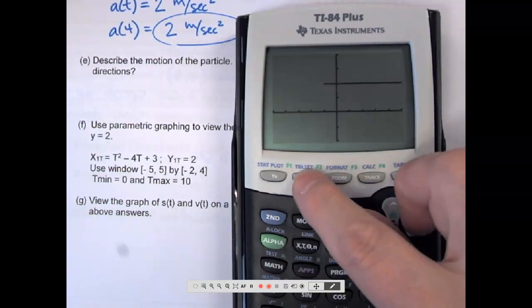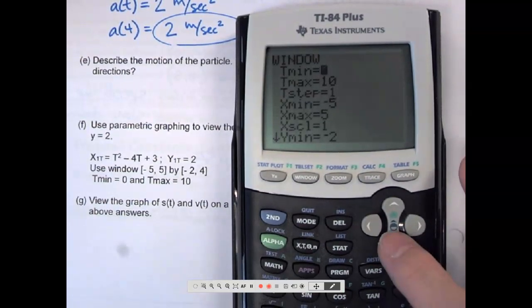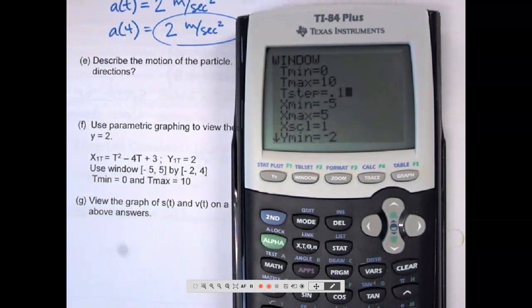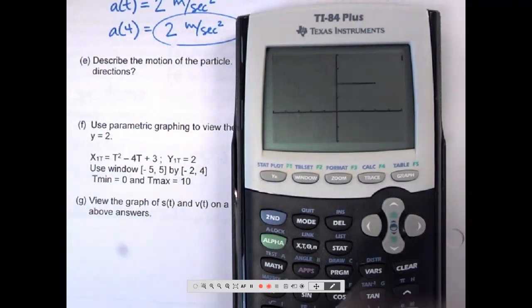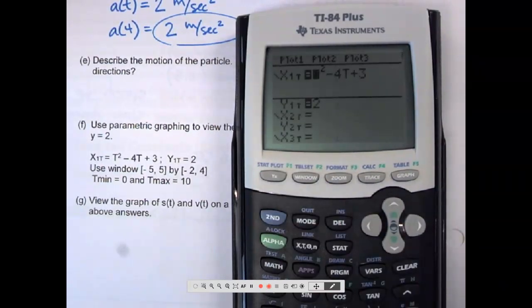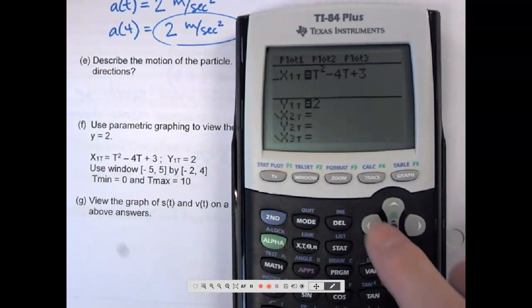Okay, so let's go back to window and take our time step and make it like maybe 0.1. And basically what it'll do is like do slow-mo. Okay, that was still a little bit fast, wasn't it? And I don't like that it graphed a line. Do you remember, go back to y equals, arrow all the way over.